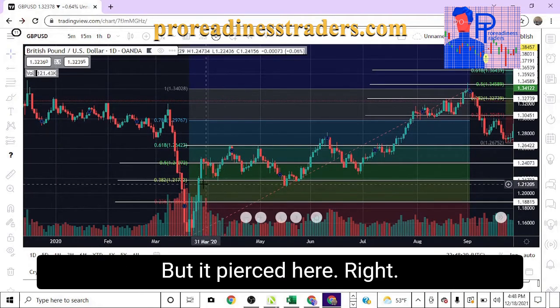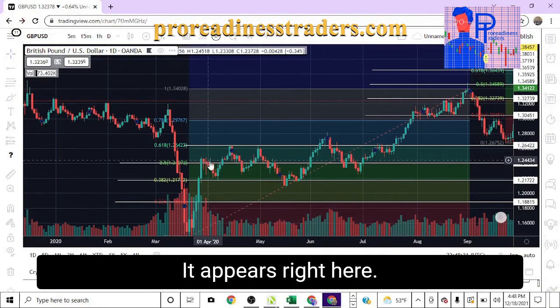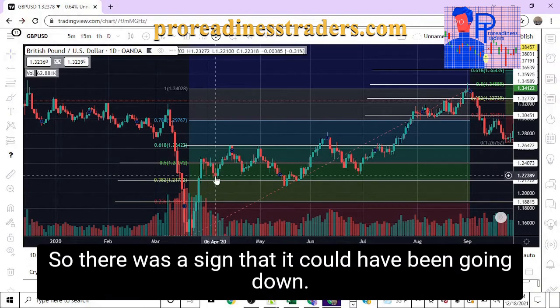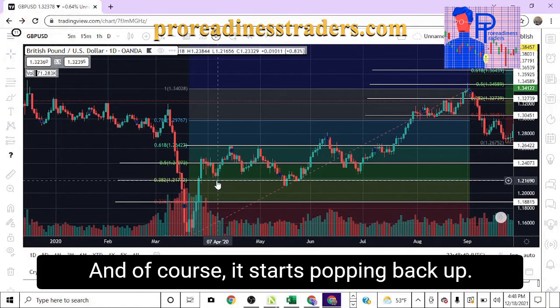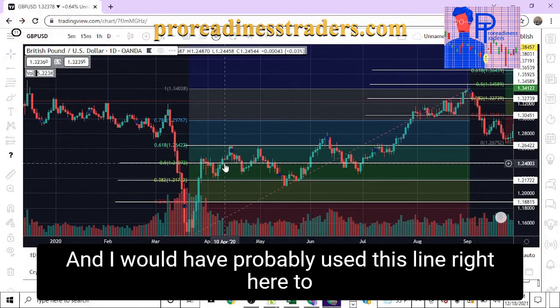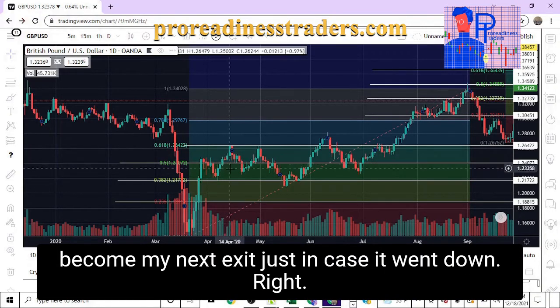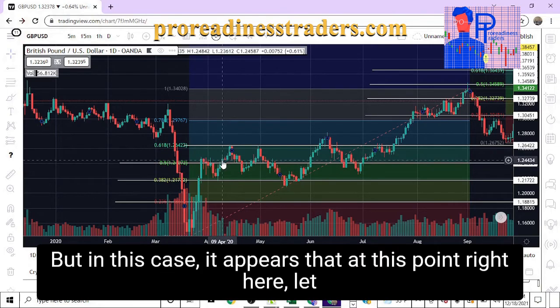But it never pierced here, it pierced right here. So there was a sign that it could have been going down. And I would have said use this line to be my exit. And of course it started popping back up, and I would have probably used this line right here as my next exit, just in case it went down. But in this case, it pierced it at this point right here.